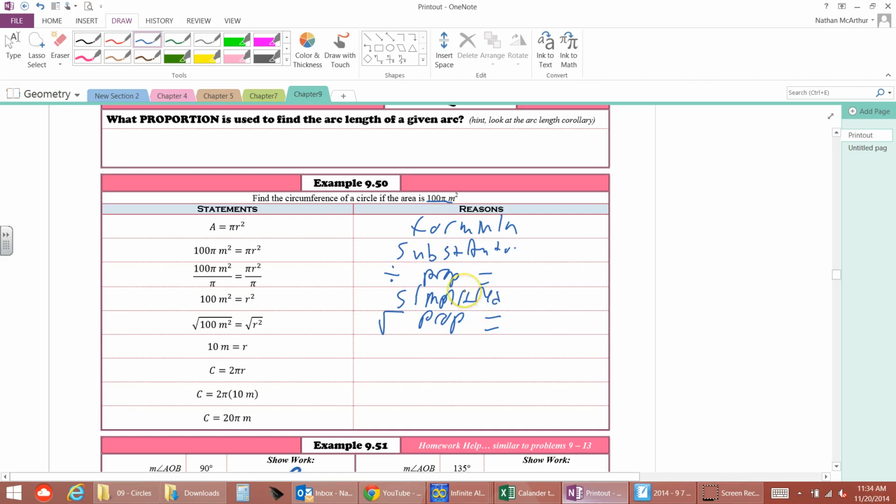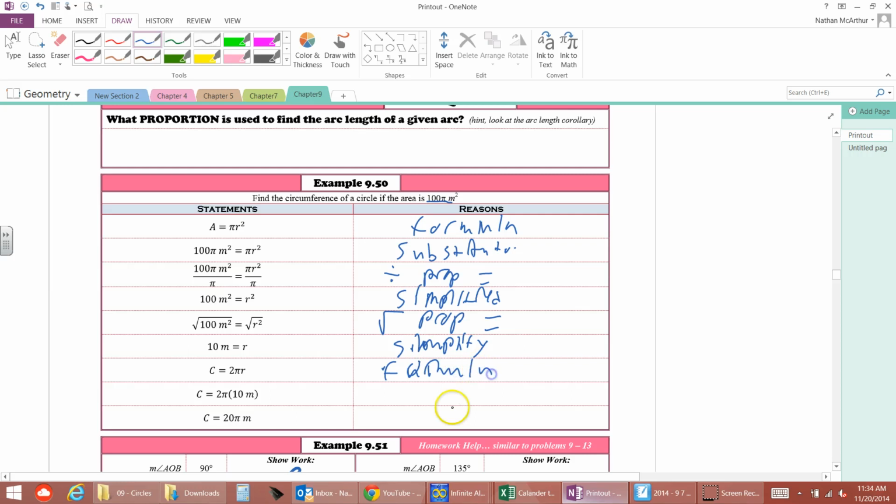Again, you have to listen while I'm writing, because you may not be able to read this. The marker thing on the computer's finicky. So right here, we simplify again. Okay, so I square rooted both sides, and now I find out that my radius is 10 meters. So now I'm going to substitute. Here's my equation. This is the formula, right?